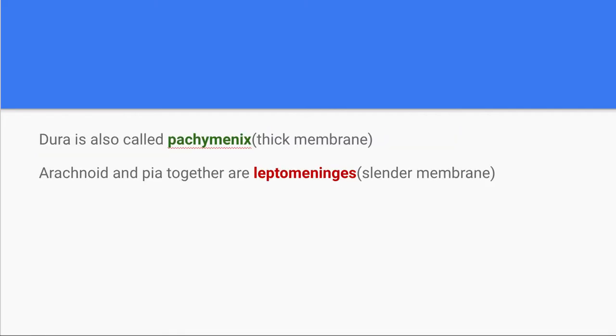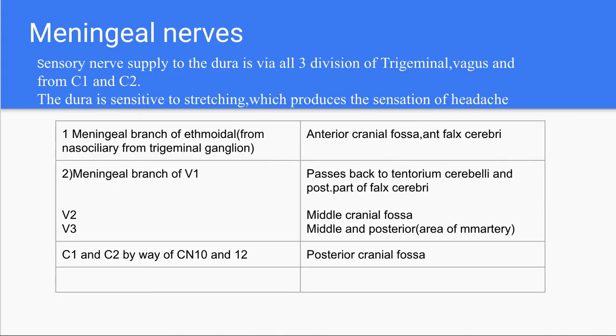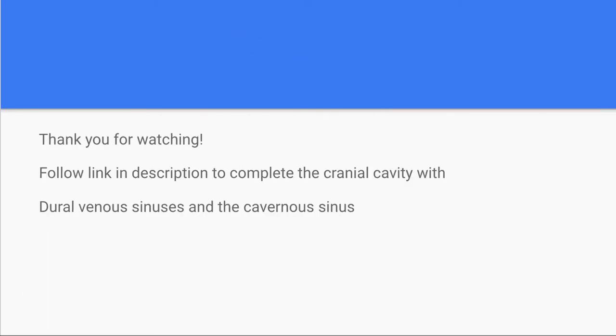We read a little about meningitis, then we saw the arterial supply, the nerve supply, and the venous drainage of the meninges. So that's it for the meninges of the cranial cavity. In the next videos on the cranial cavity, I'll be meeting you to discuss the dural venous sinuses and the most important cavernous sinus.